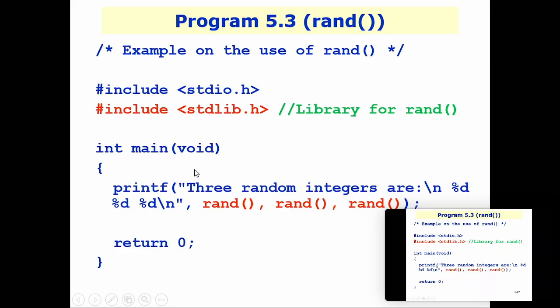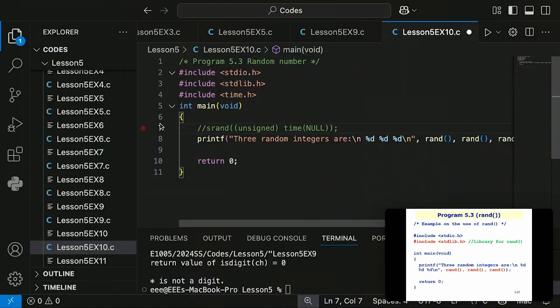Then this is how you can generate random numbers. So let me show you in the code. This rand function returns an integer value between 0 and 32,000 something.